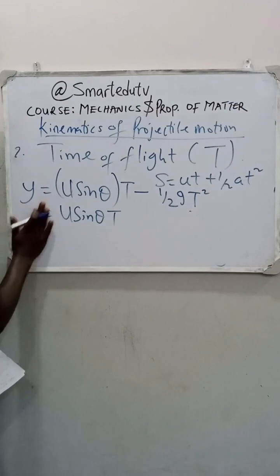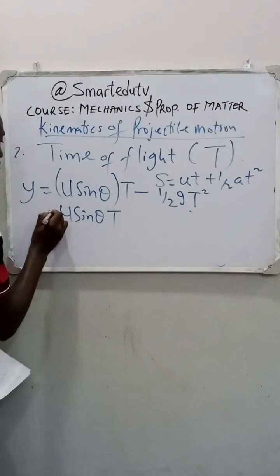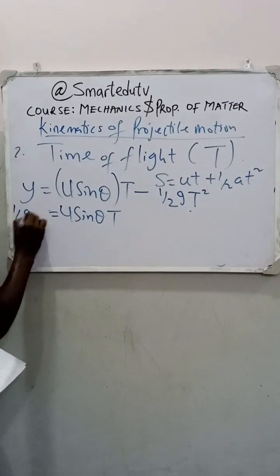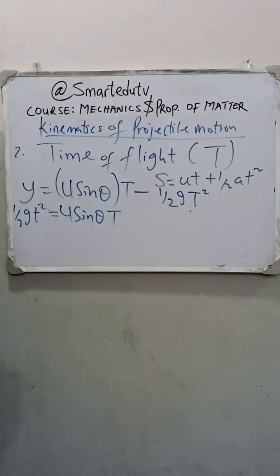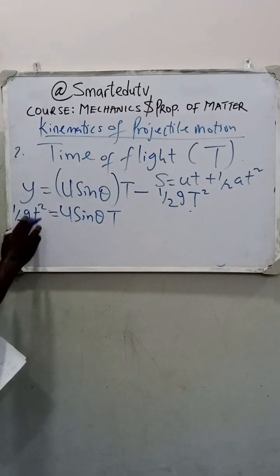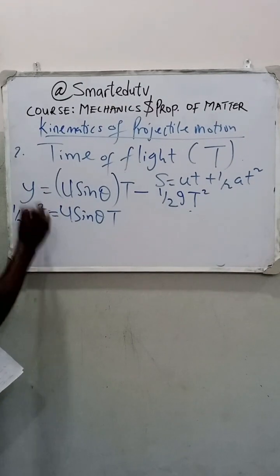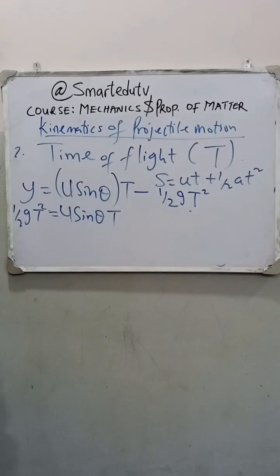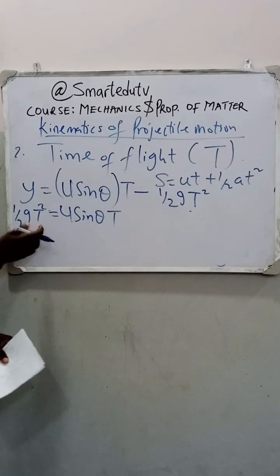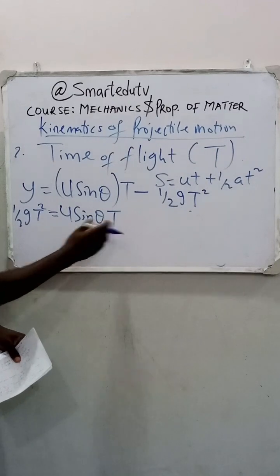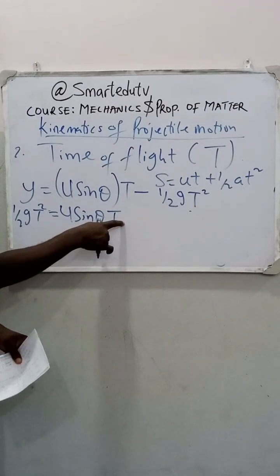So if this comes to the other side, it becomes positive. Half gt squared equals u sin theta t. Don't forget this is capital T. From here there is t squared and there is t, so this t can cancel this t.